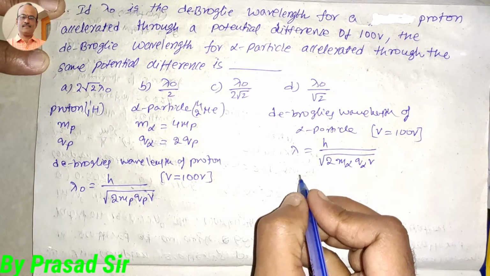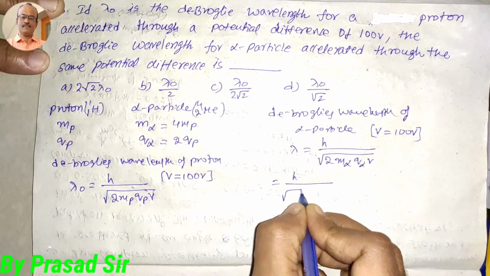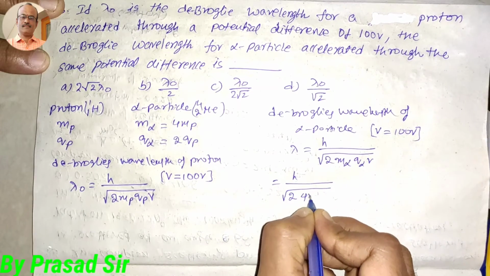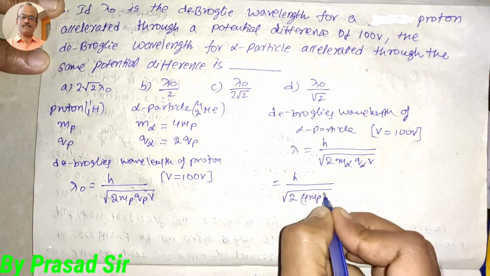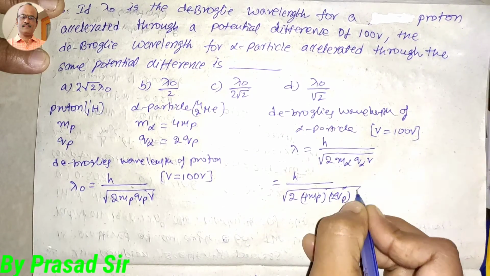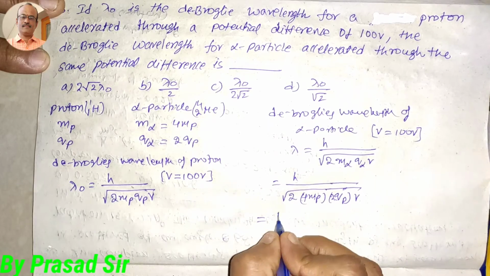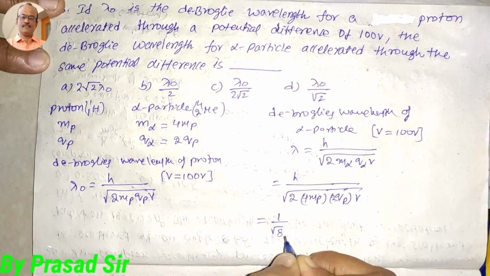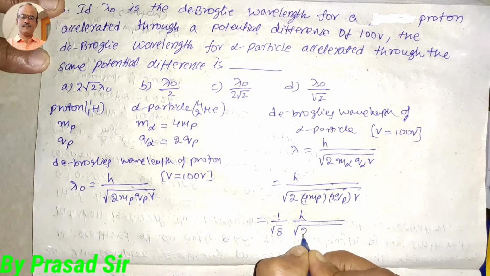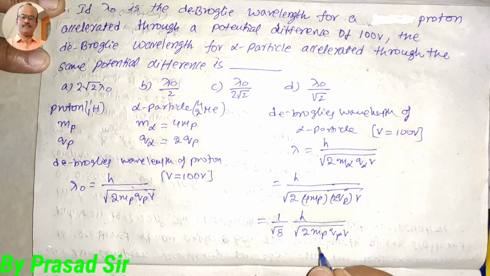So here now I will substitute: lambda is equal to h divided by square root over 2 times mass of alpha particle, which is nothing but 4 times the mass of proton, and charge 2 times the charge of proton, and potential difference. So here 4 twos are 8, so that I will write as 1 by root 8 times h divided by square root over 2 times mass of proton, charge of proton, and potential difference.